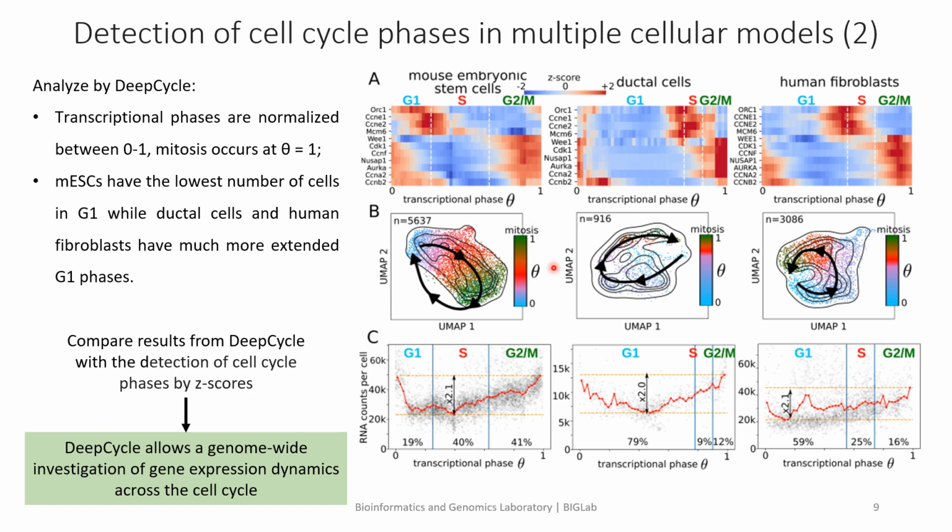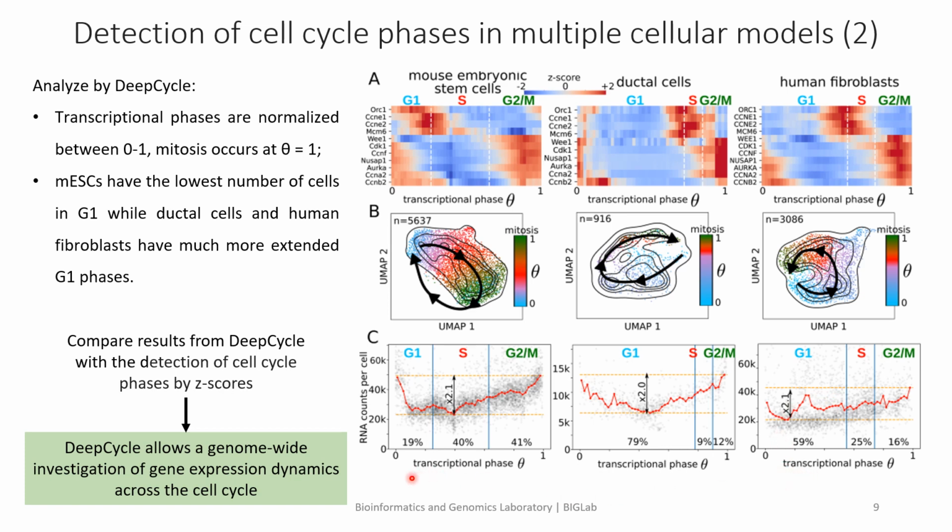We can see here the path of the cells around the cell cycle can easily be identified in the two-dimensional projections. And the results show that the mouse embryonic stem cells have the lowest number of cells in G1, while the ductal cells and human fibroblasts have a much more extended G1 phase.